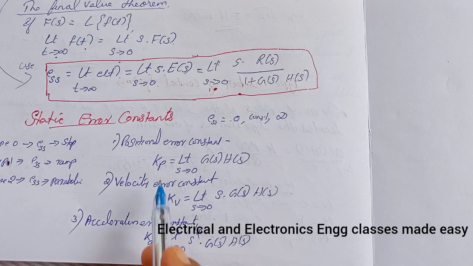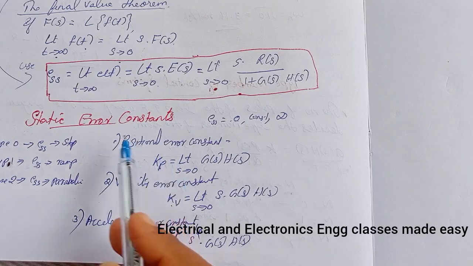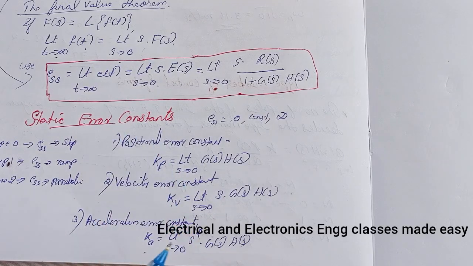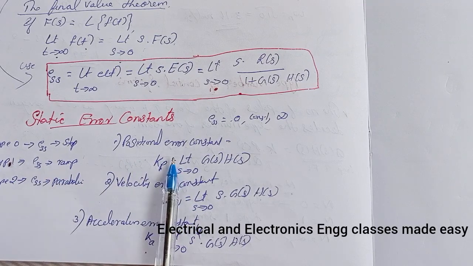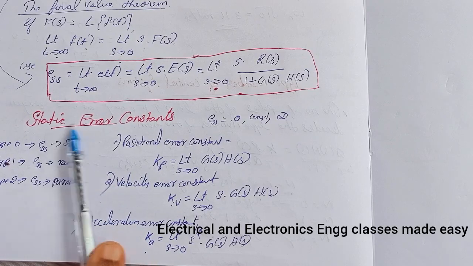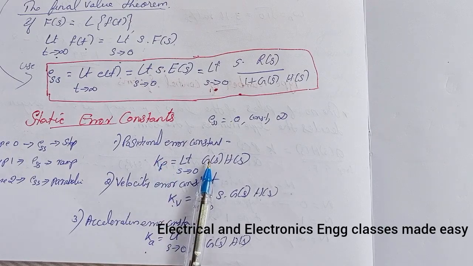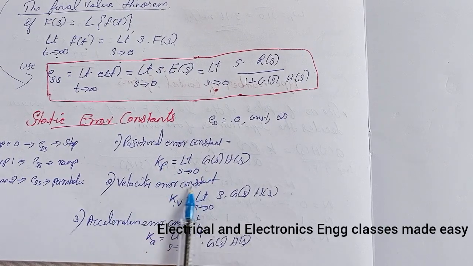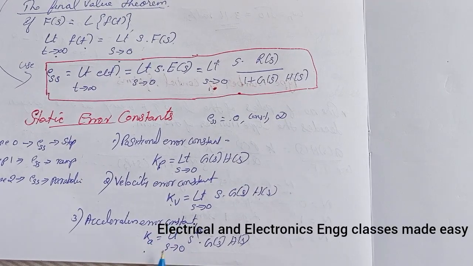And here Kp, Kv and Ka are called the static error constants. So the steady state error is associated with one of the static error constants: positional error constant Kp, velocity error constant Kv and acceleration error constant Ka.